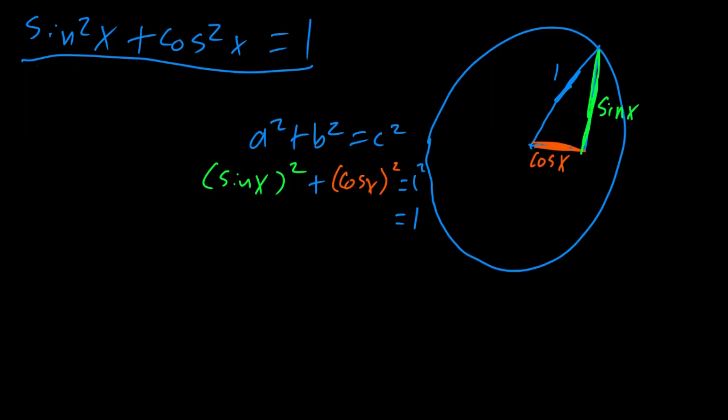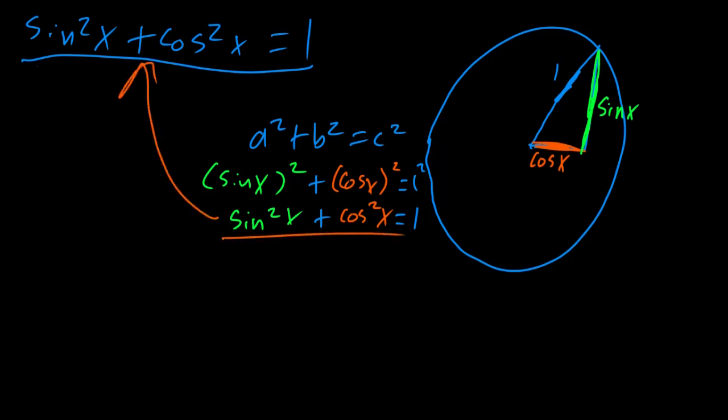And you can already see it coming together. Sine of x squared is also known as sine squared of x, and cosine x squared is just cosine squared x. And that's what that is. Let me just erase all this real quick.